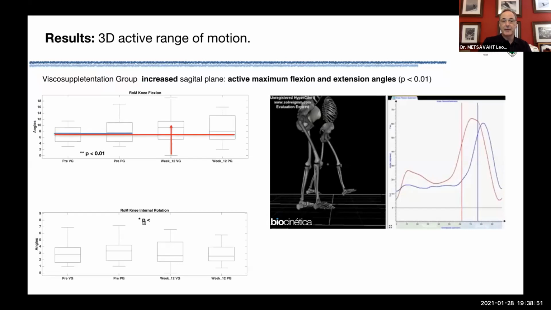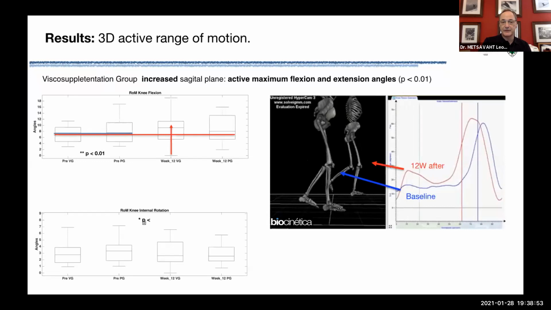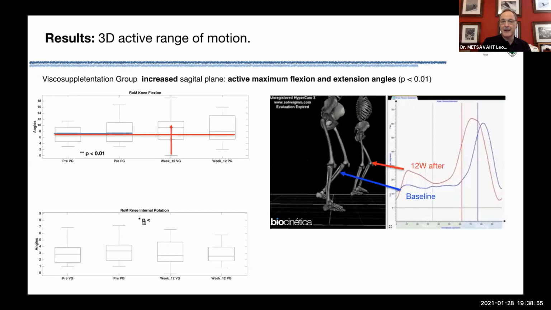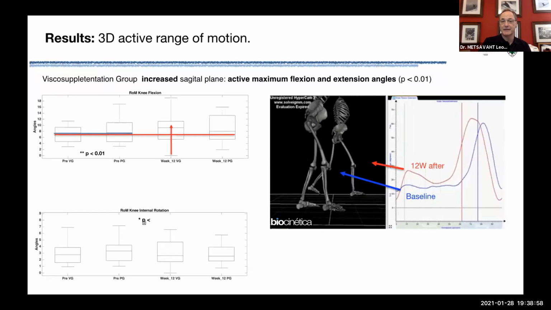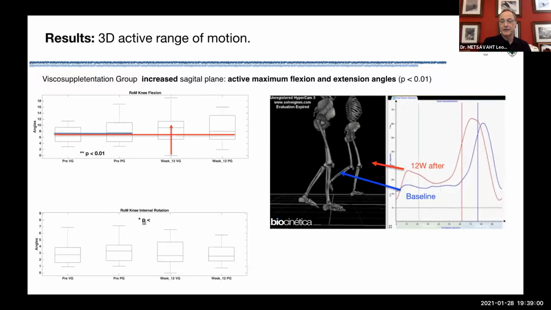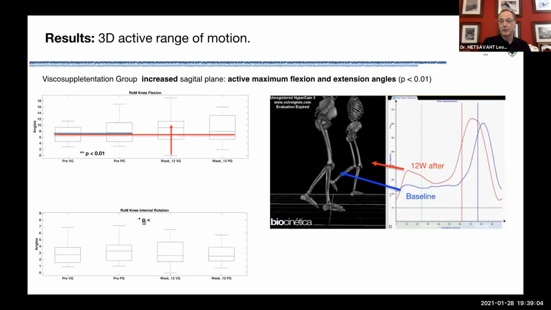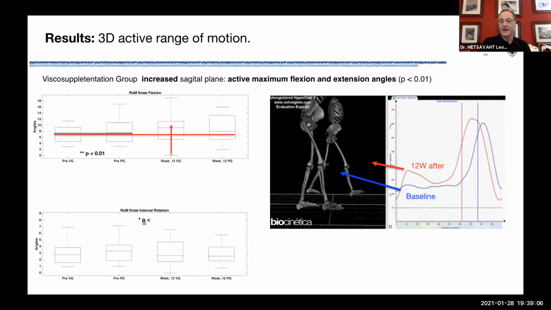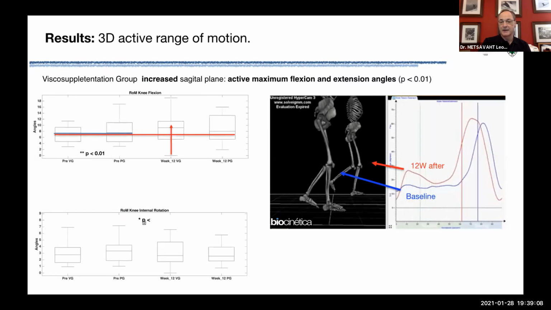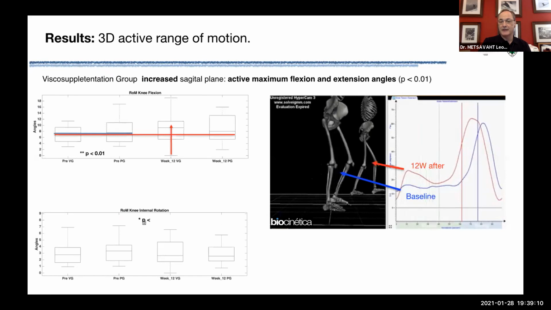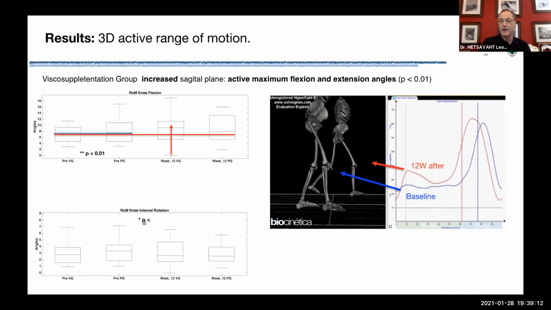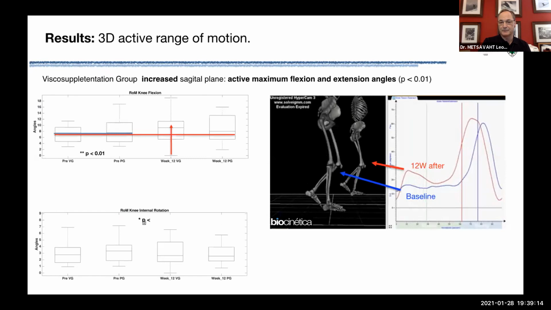The visco-supplementation group increased sagittal plane active maximum flexion and extension angles. If you see in the right graph, the blue line is at baseline, the flexion of the knee in baseline, and the red line is the flexion of the knee 12 weeks after.